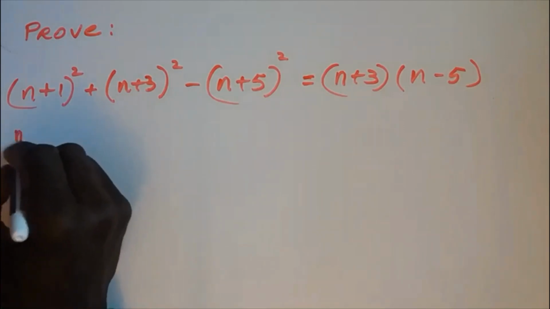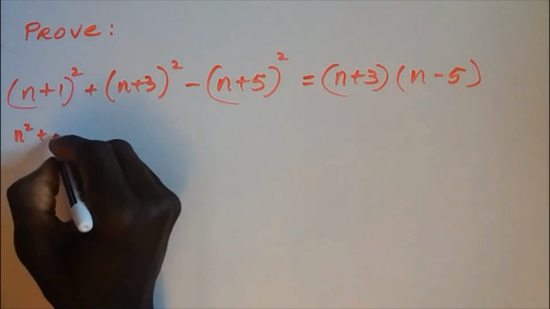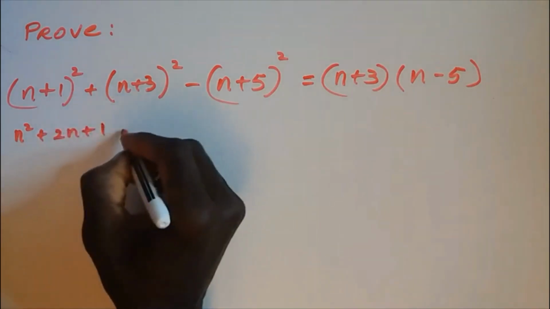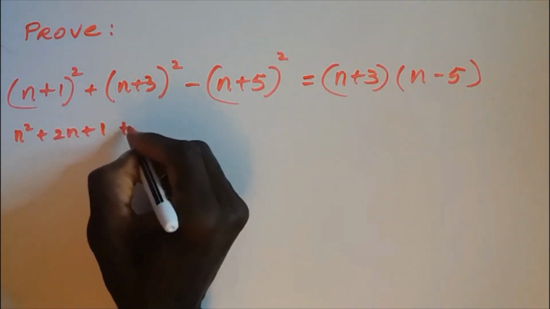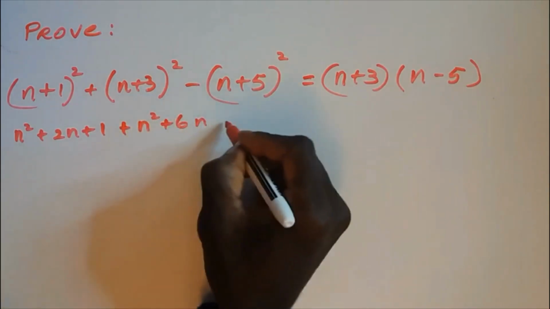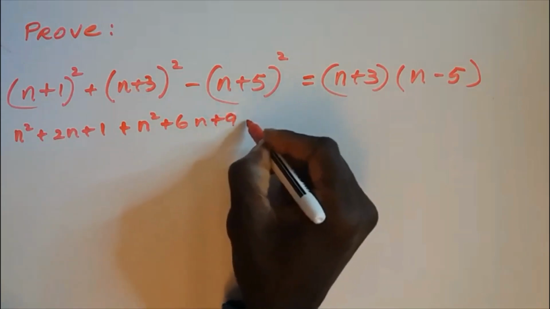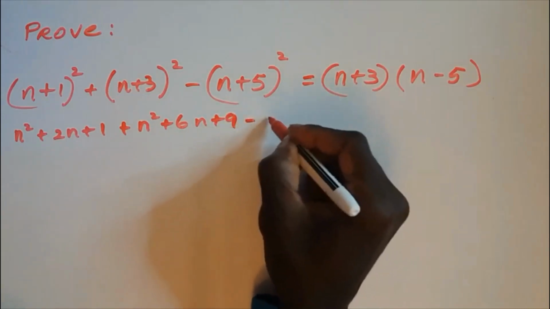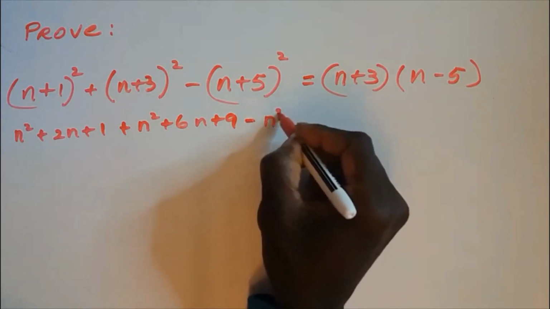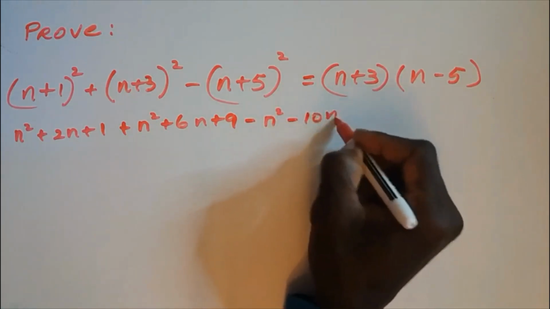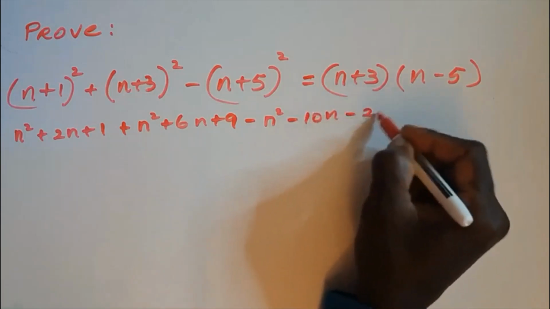We have n squared add 2n add 1, add n squared add 6n add 9, minus n squared minus 10n minus 25.